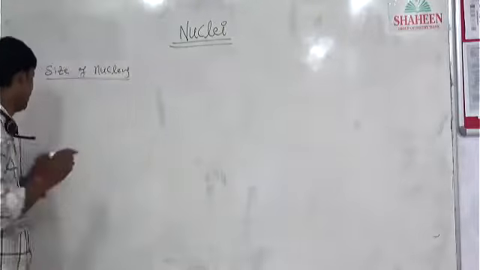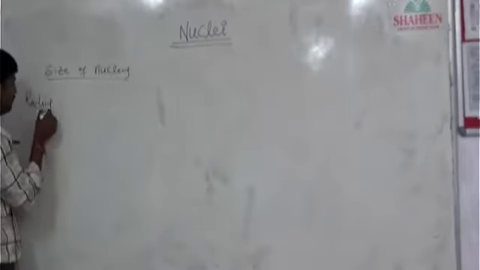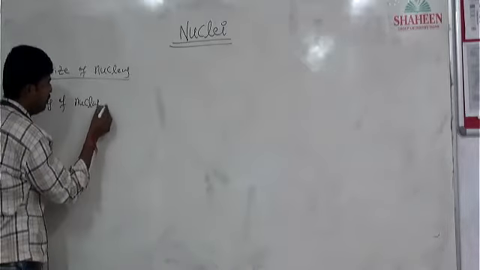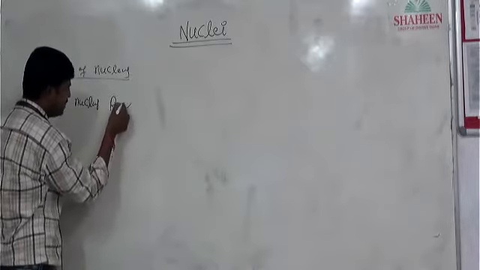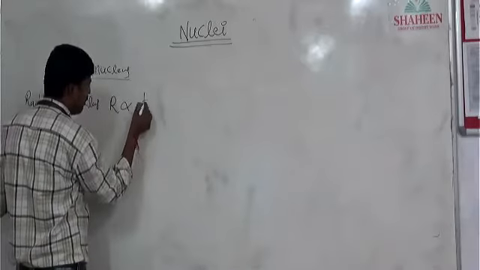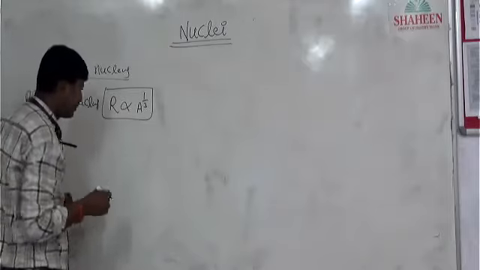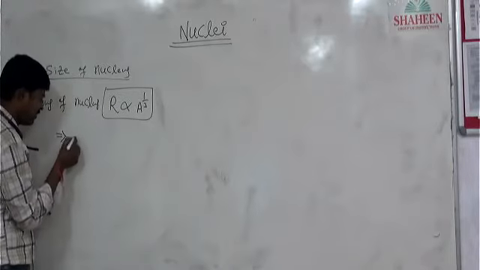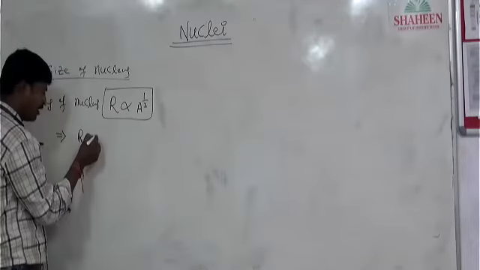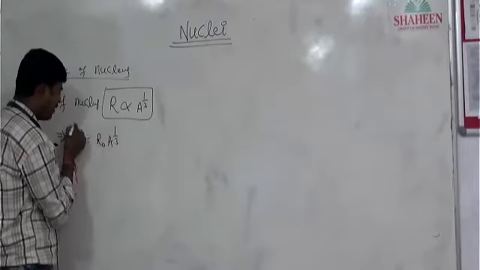So the radius R is directly proportional to A to the power 1 by 3, where A is the mass number. Removing the proportionality, we can write R equals some constant, R naught, into A to the power 1 by 3.